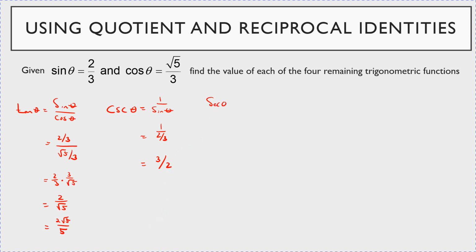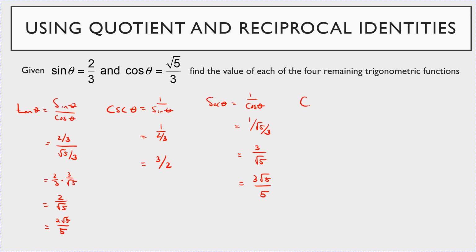Secant of theta, that's 1 over cosine of theta. That's 1 divided by the square root of 5 over 3. Keep, change, flip, right? So this becomes 3 over the square root of 5. And then rationalizing the denominator here, that's 3 square roots of 5 over 5.